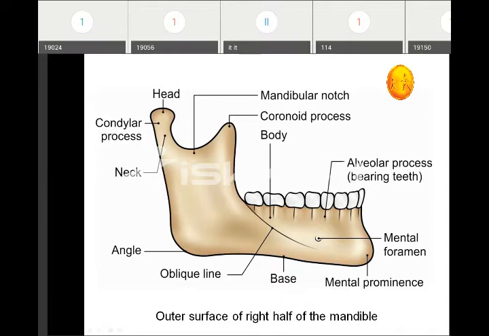So the outer surface shows the presence of a foramen that is known as the mental foramen. It gives passage to the mental nerve and vessels. And on the outer surface, there is one oblique line you can appreciate, coming as the continuation of the anterior border of the ramus. This gives attachment to a few muscles. So what are the things which are present on the body?